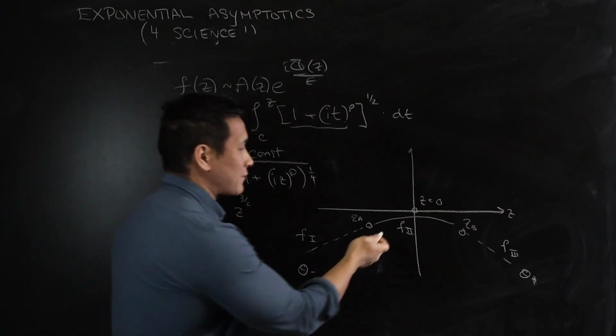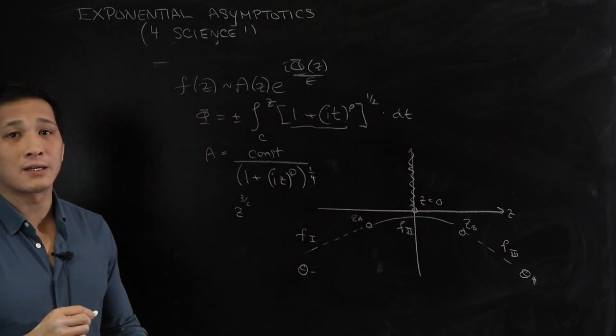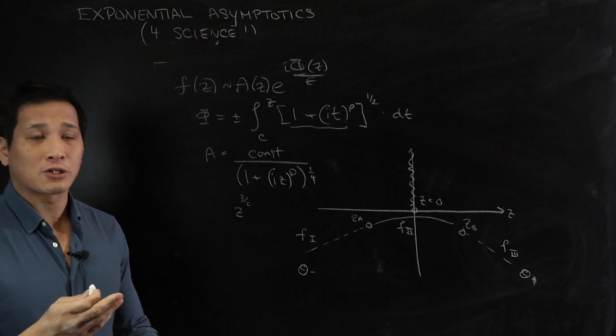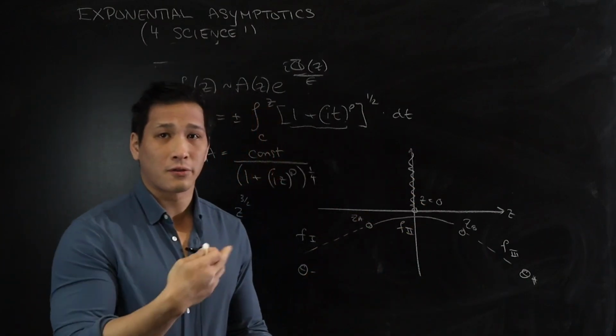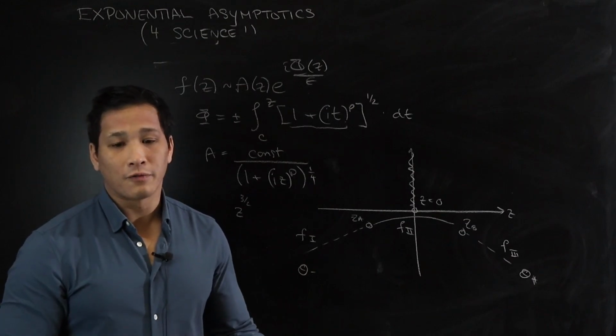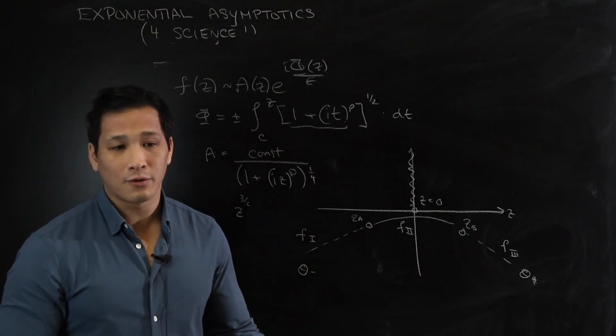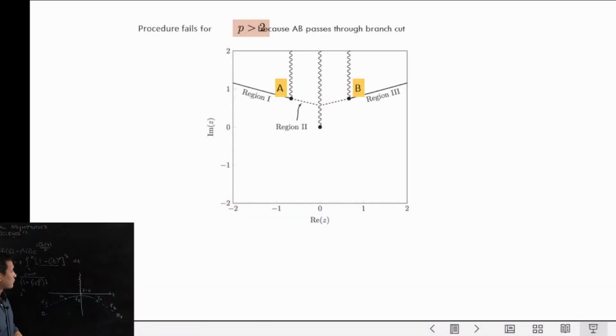And so I have to take into account the fact that there's a special point at z is equal to 0, and that special point is associated with a branch cut. I'm not allowed to traverse through that branch cut in the usual way of thinking. And then what you find is that your path that you would typically consider, right, through from minus infinity to positive infinity, actually needs to travel through the branch cut. And it's a bit unclear what you should do in that case.